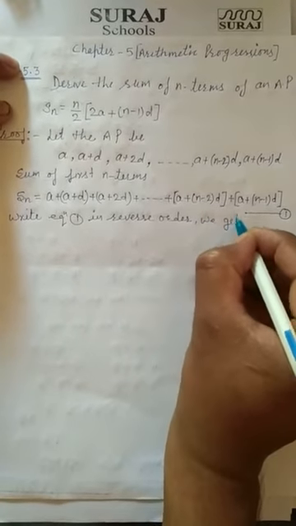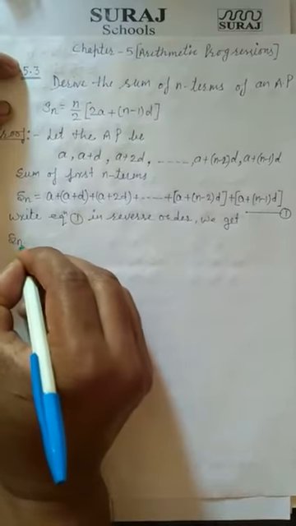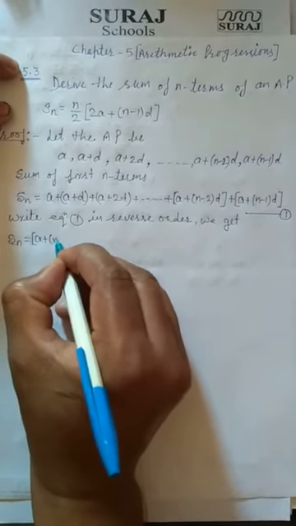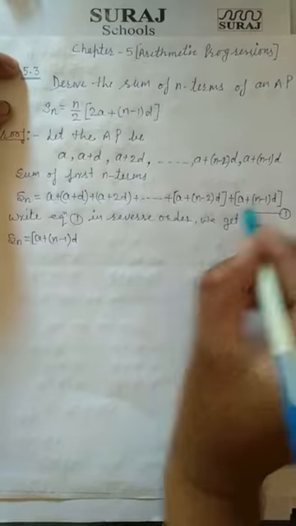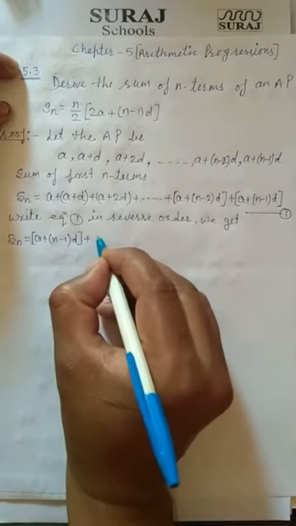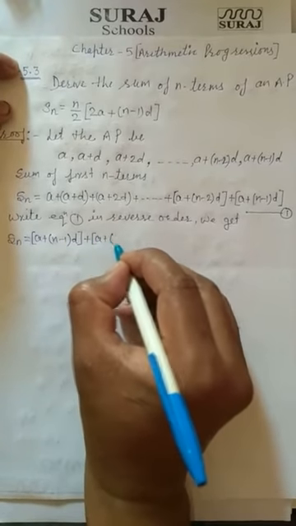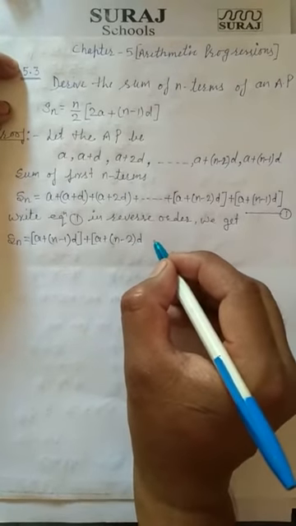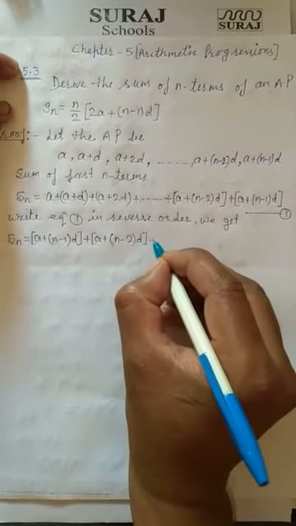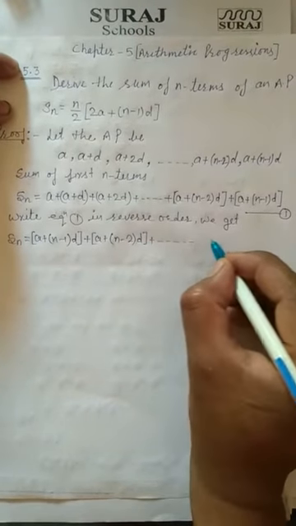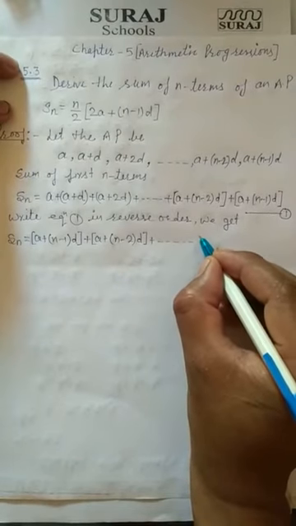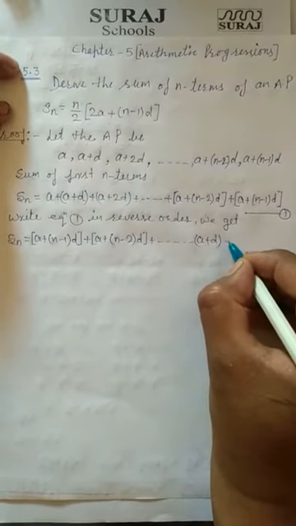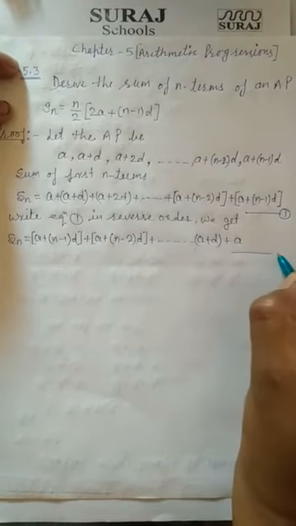We get Sn, the sum of n terms, is equal to the big bracket start, a plus (n minus 1) into d, the last term, big bracket close, plus again a bracket, a plus (n minus 2) into d, plus, and so on, a plus d, plus a. And that is the label second.